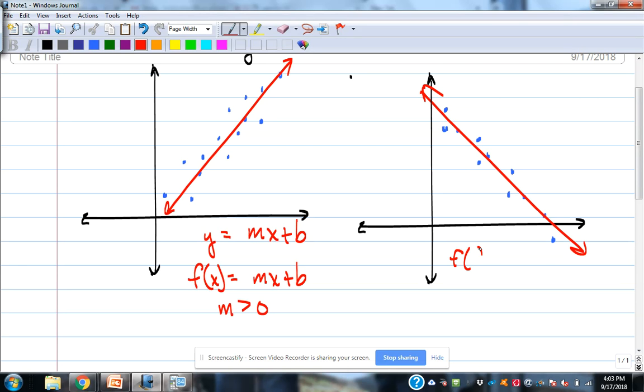That would be f of x equals mx plus b, where m is less than 0. It has a negative slope falling from the left to the right. It goes down from left to right. Negative slope, negative correlation, those go together. Okay, so if you hear negative slope or negative correlation, that's where that's going together.